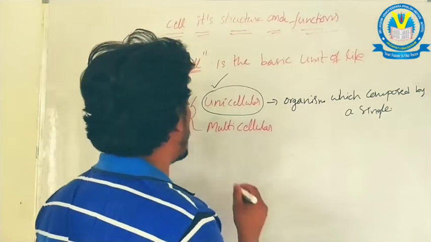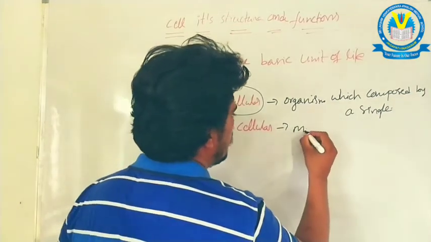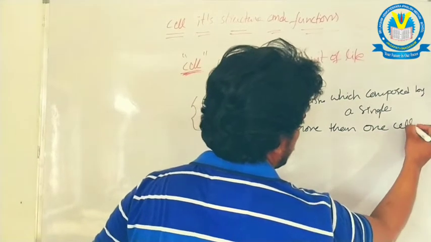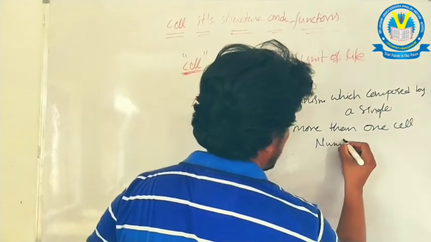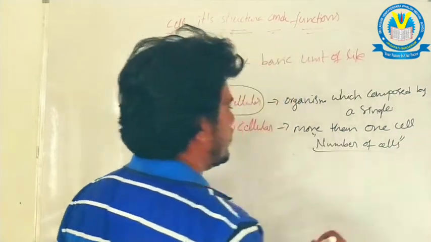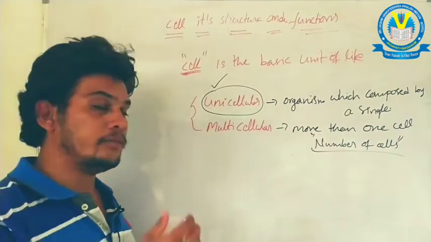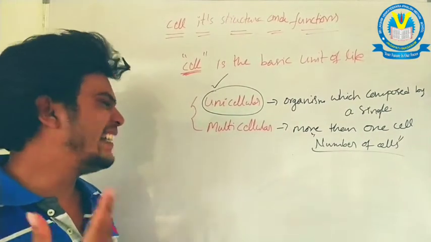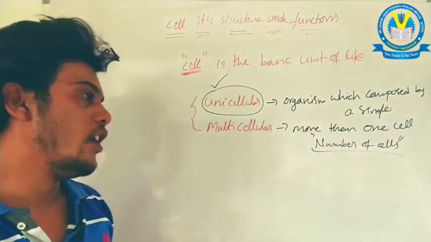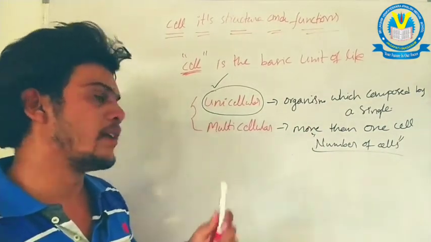If organisms are composed of more than one cell, a number of cells, those organisms are called multicellular. So depending upon the number of cells, we can classify organisms as unicellular and multicellular.